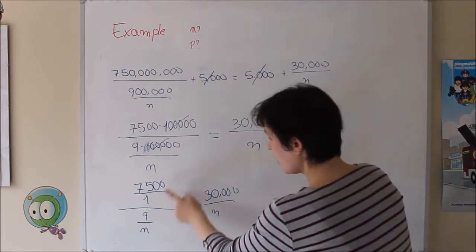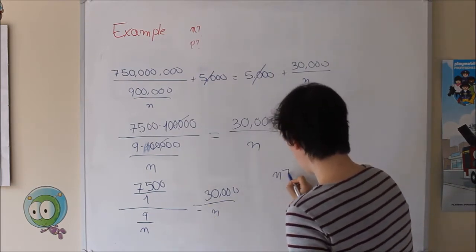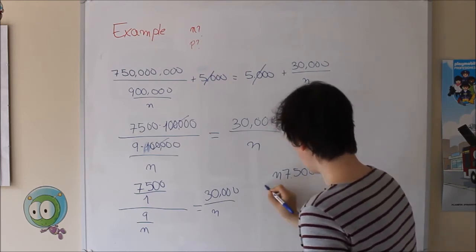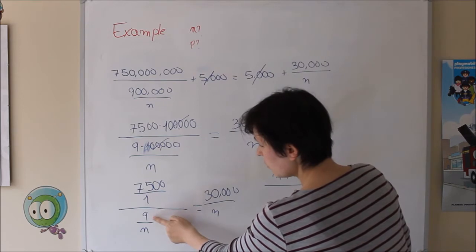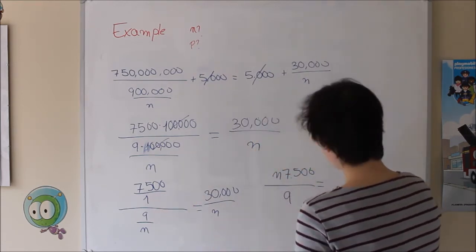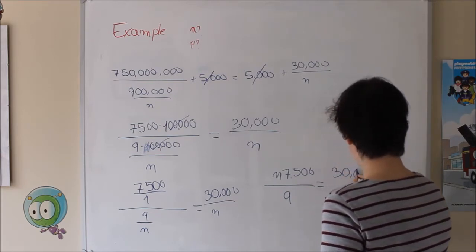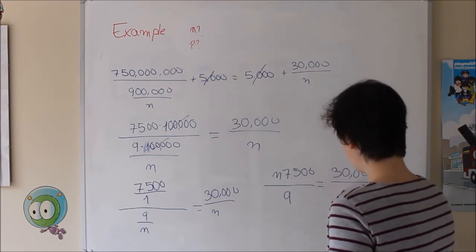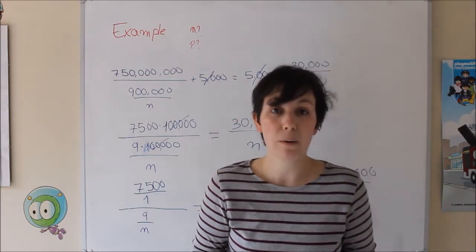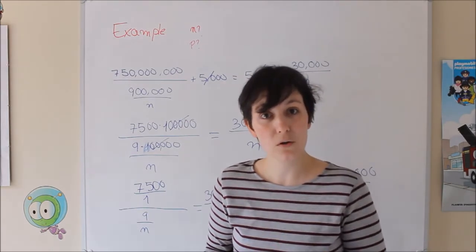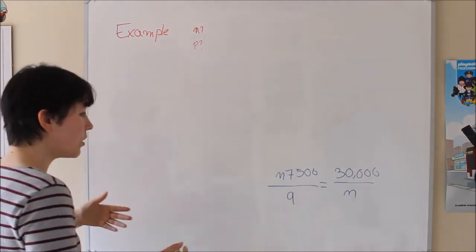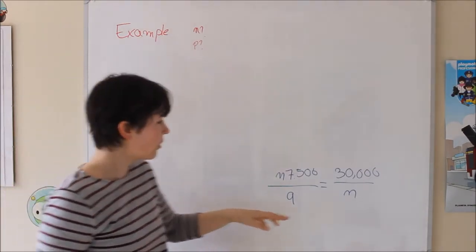You are going to have n times 7,500 over 1 multiplied by 9 is just 9, which must be equal to the other part of the expression, divided by n. Keep in mind that the unknown variable is n, so we are going to continue looking for that value. So continuing from here, we are going to find the n value.